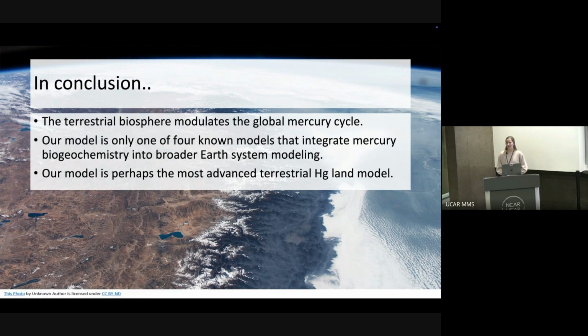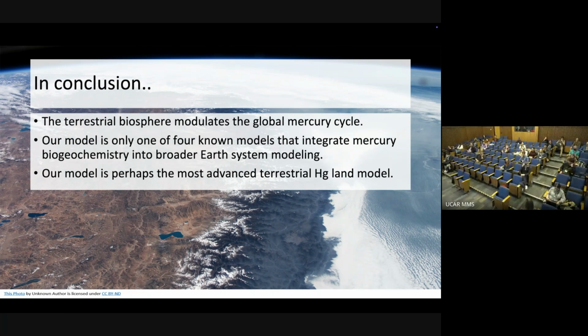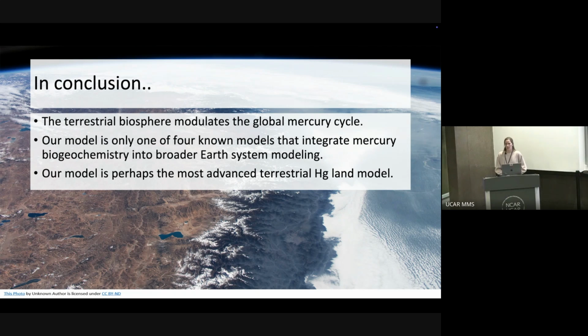Thanks for your talk. You mentioned mercury kind of follows carbon. Could we expect it to respond similarly to global changes as we expect carbon, or is there kind of different processes going on? Yeah, so what we're thinking is two big pathways that we're going to see change are CO2 respiration, and also in that process with microbial decomposition, they do interact with mercury.